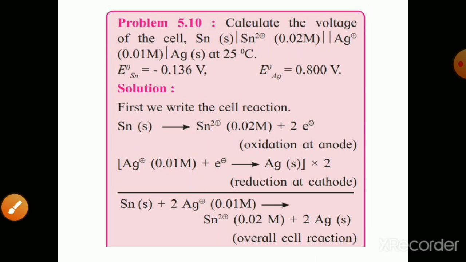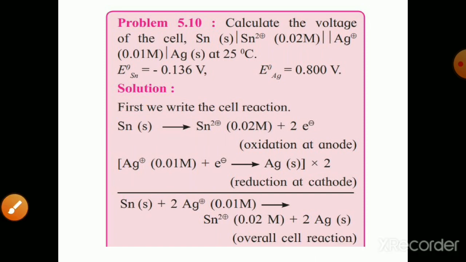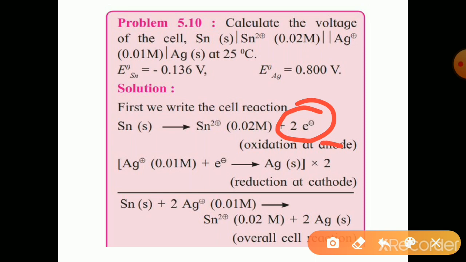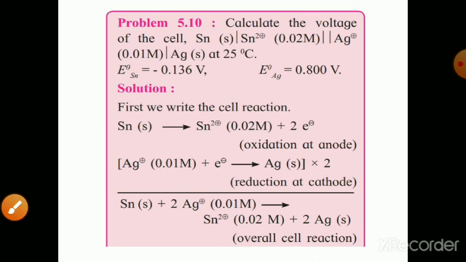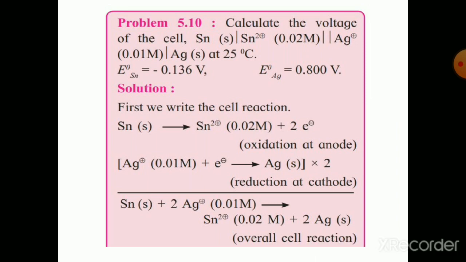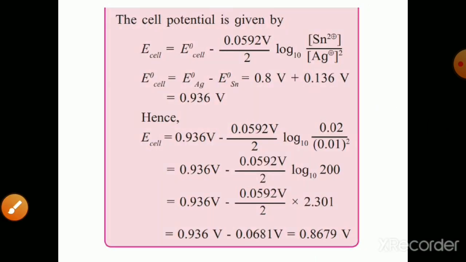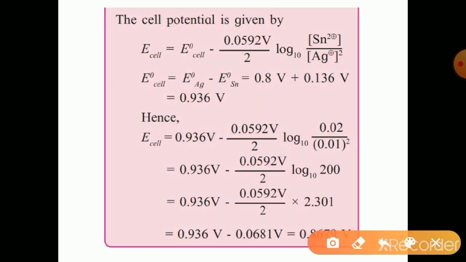So we know that from the Nernst equation we can write the oxidation half and the reduction half. As tin is on the left, oxidation takes place. Silver is on the right, so reduction takes place. The number of electrons involved is 2. So here n, the number of moles of electrons involved, is 2.